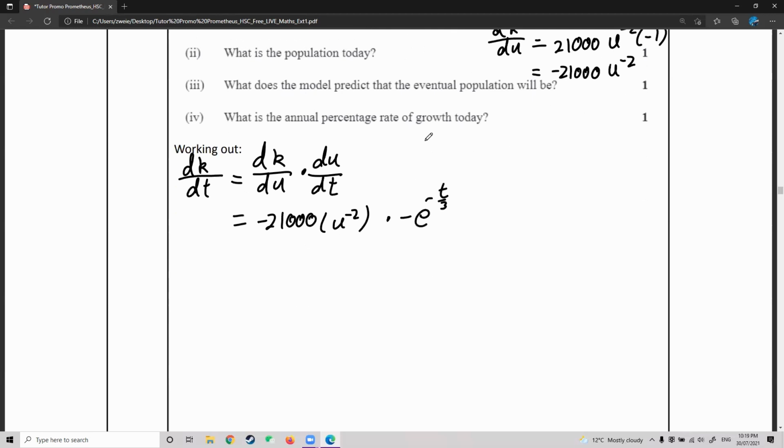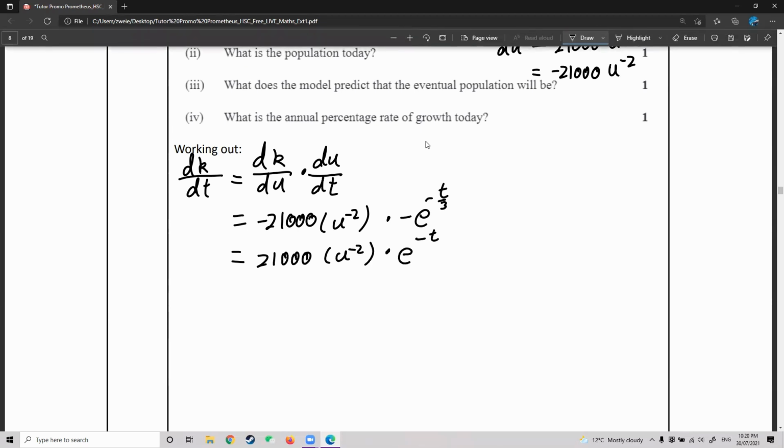Okay, so now we have everything set up. Let's change my u back. Simplify first. I've got 2 negatives, I can cancel them out. So I get 21000 u minus 2 times e to the power of negative t on 3.